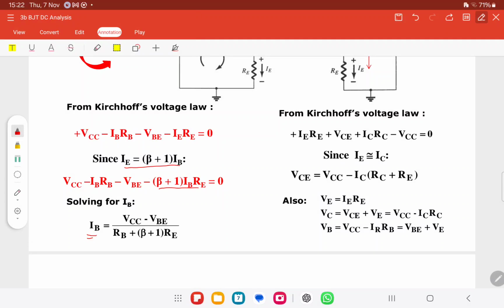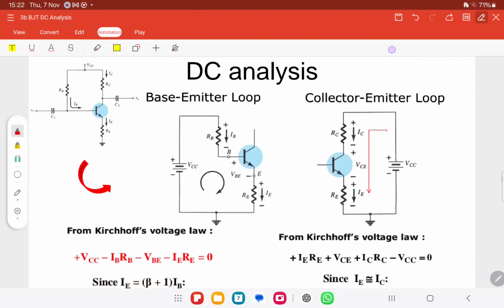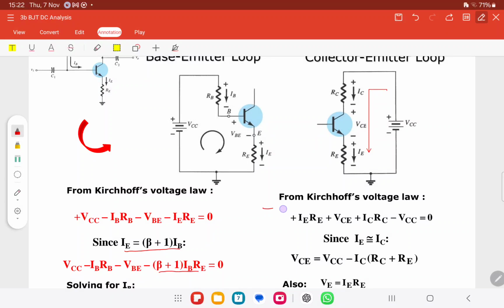Since dah dapat IB, so gunalah cara yang tadi untuk dapat the yang ni kan. Mana dah? Tak apalah, buat balik lah. Minus VCC plus IC RC plus VCE plus IE RE equals to 0. Okay.